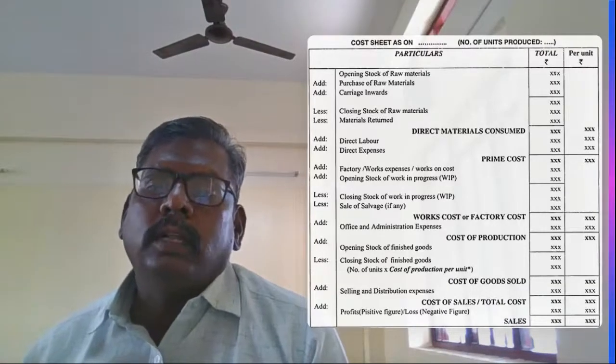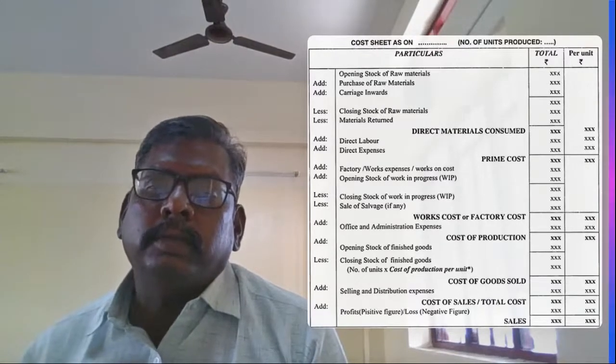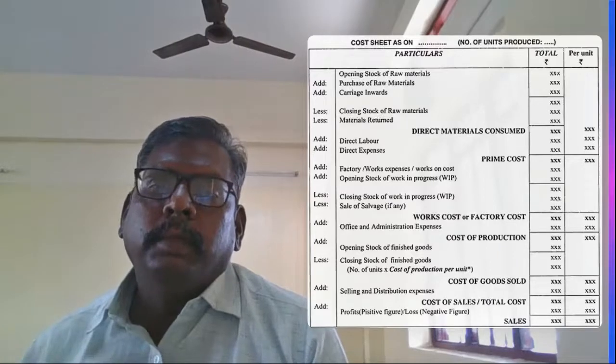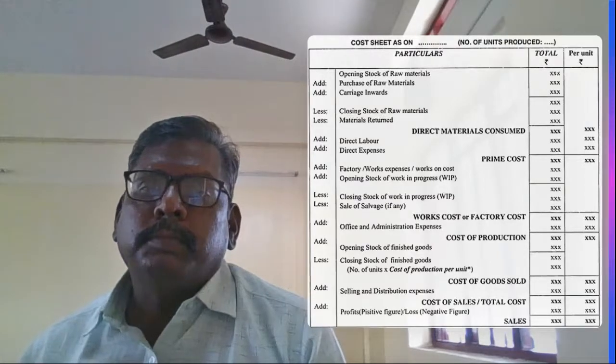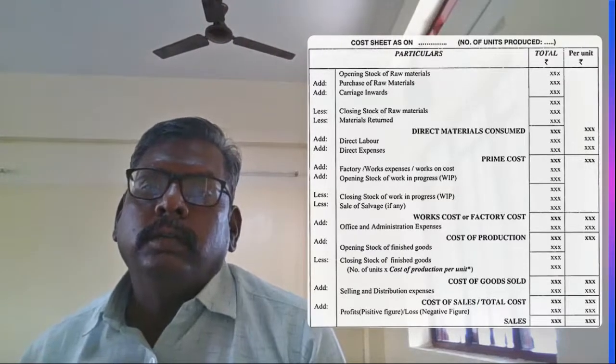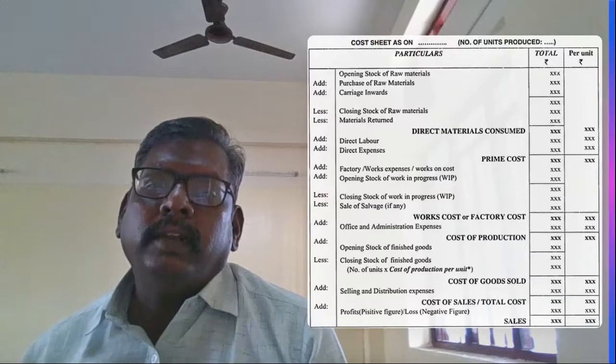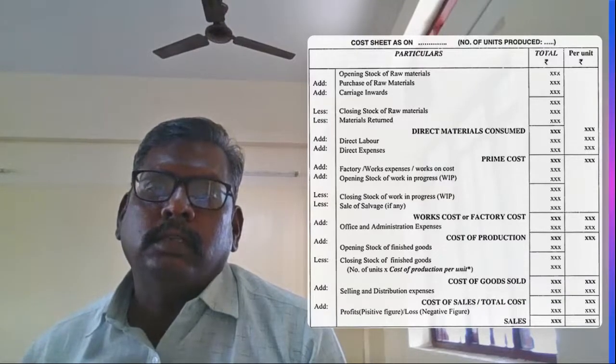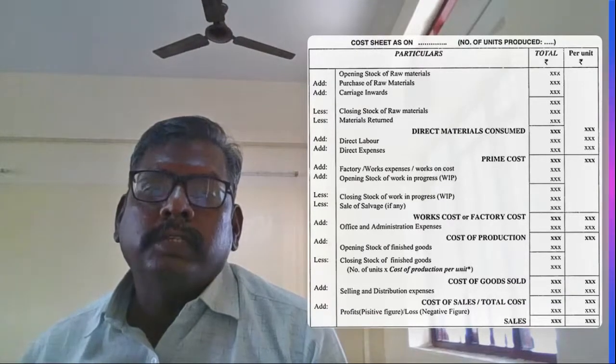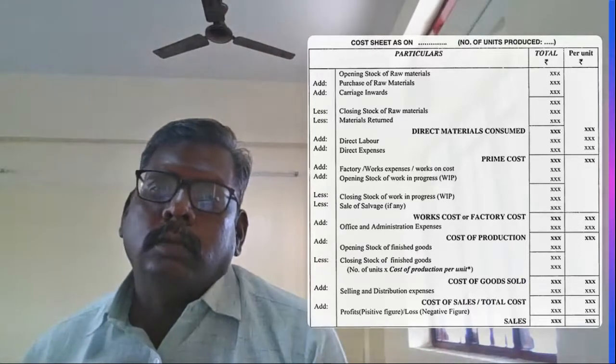That means the expenses spent for selling purposes, maybe advertisement, salesman salary, or transportation for shipping. Those costs we have to bring here. After adding the selling and distribution cost, we get the cost of sales or the total cost.